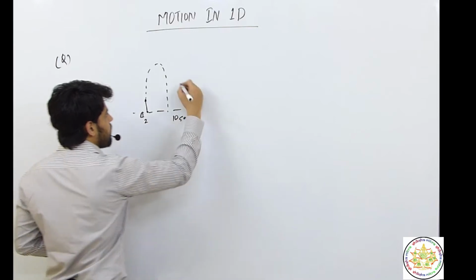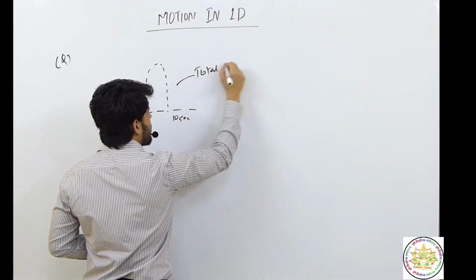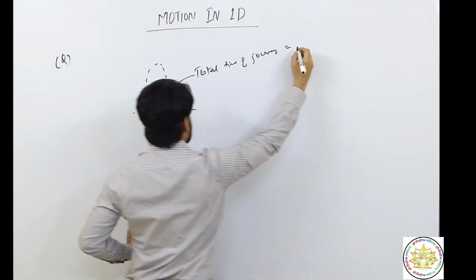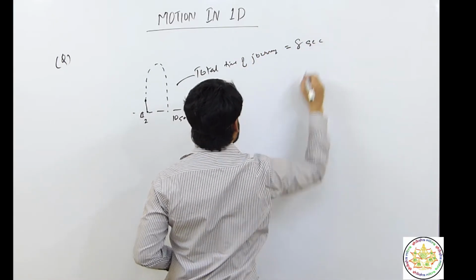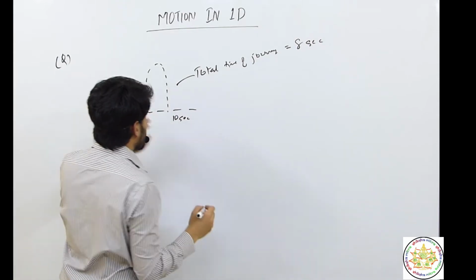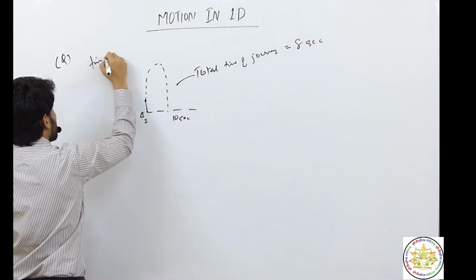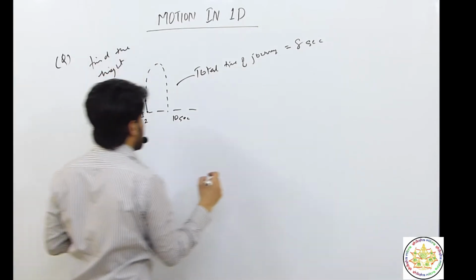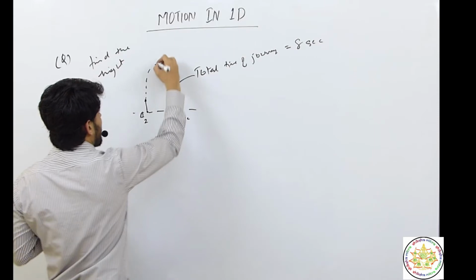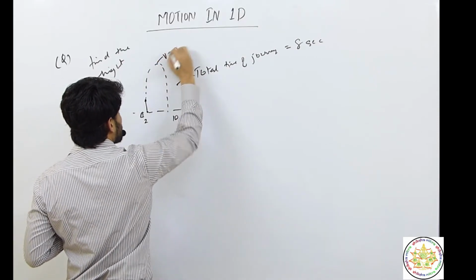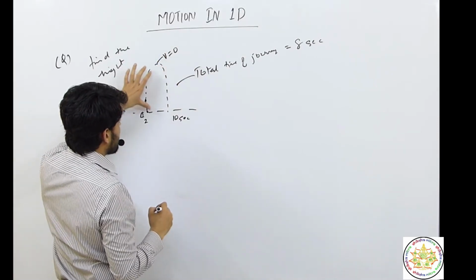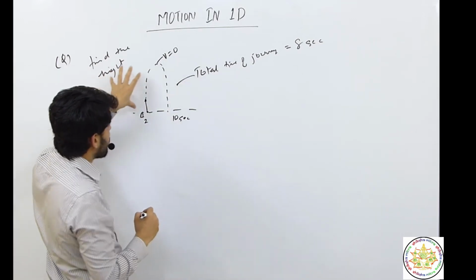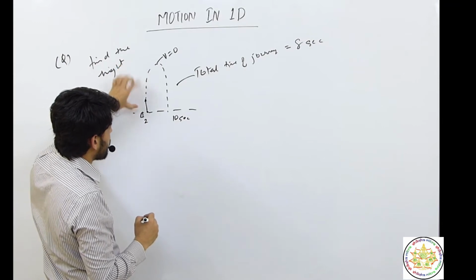So the total time of the journey is 8 seconds. The question is asking to find the height. At the maximum position, velocity is 0. This time is for the total journey, but to calculate using the equations of motion, we just have to take the time for the ascent.